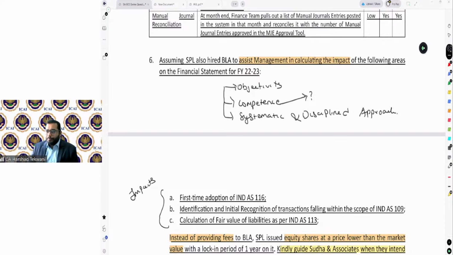What do you think could be the examples or areas that you can refer to when you want to evaluate the competency of the internal audit function? Very important.